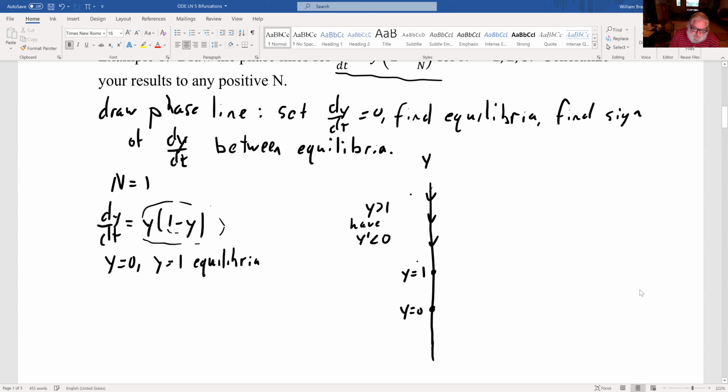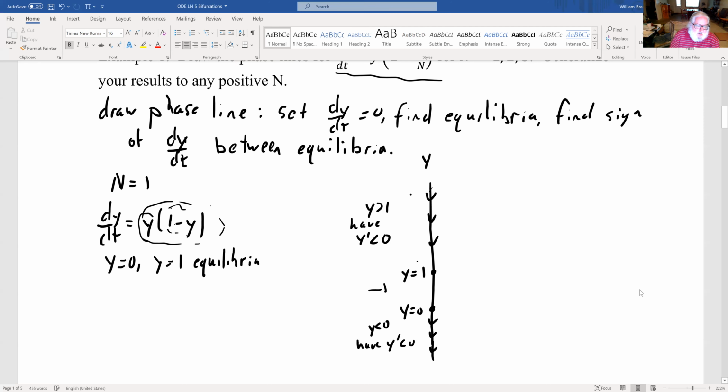For y less than 0, y is negative, and 1 minus a negative is a positive, so I get a negative times a positive, and a negative times a positive is negative. So also negative.